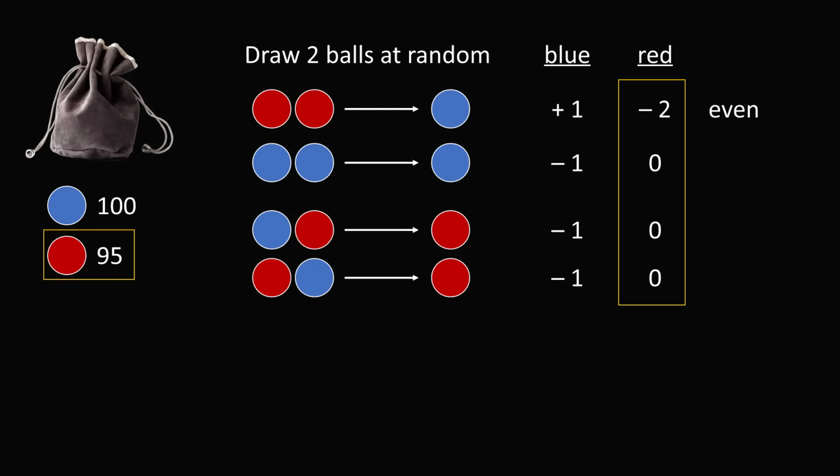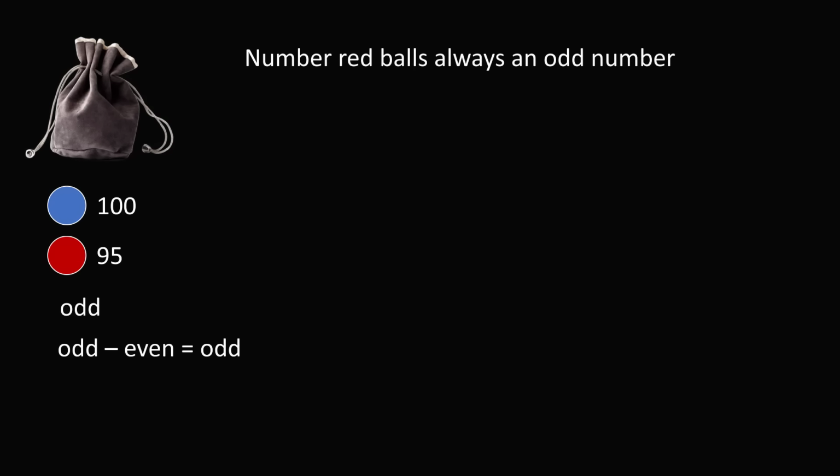Originally, the bag had 95 red balls, which is an odd number. Now, if we take an odd number minus an even number, the resulting number will always be odd. So the number of red balls is always going to be an odd number. It is impossible to be equal to 0 because 0 would be an even number.